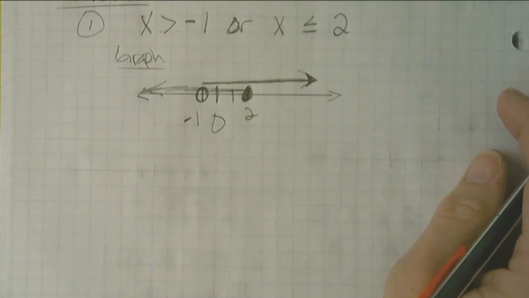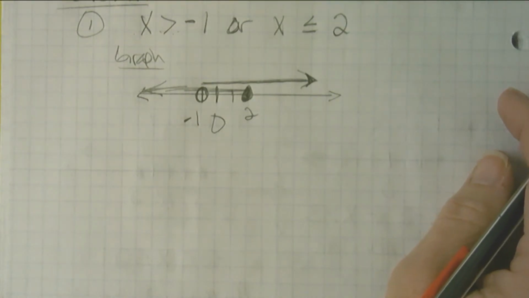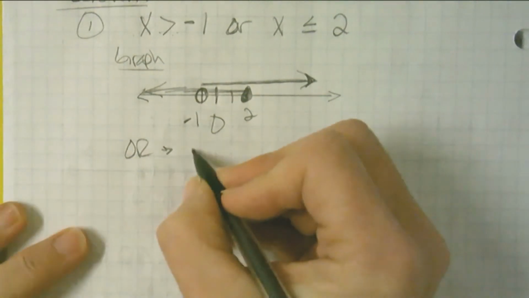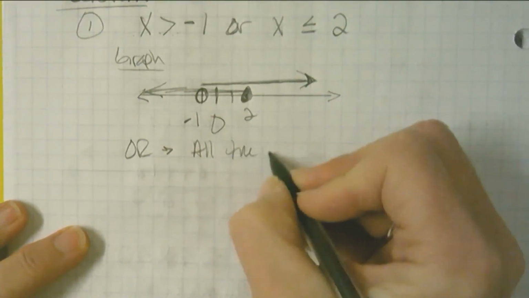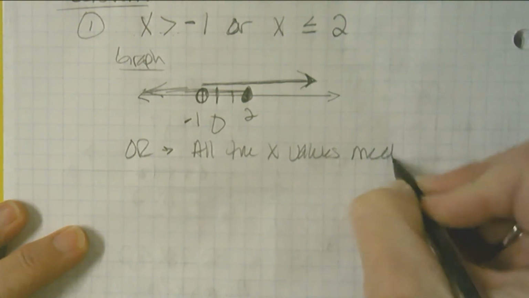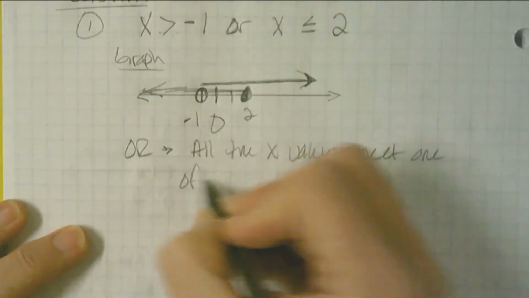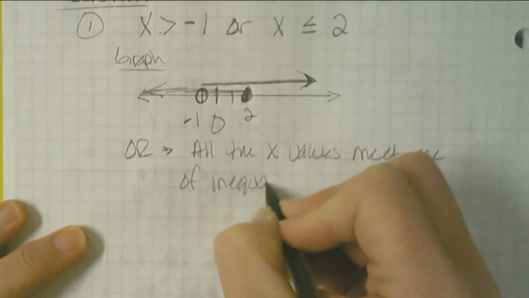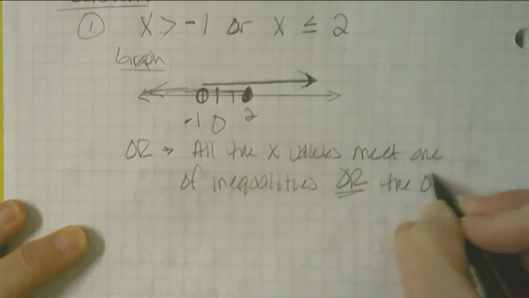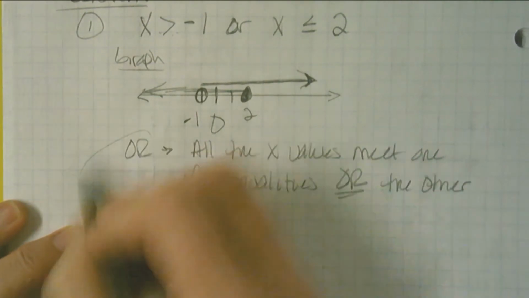This is an or. So if you remember with an or, it means that all the x values meet one of the inequalities or the other. That's what an or means.